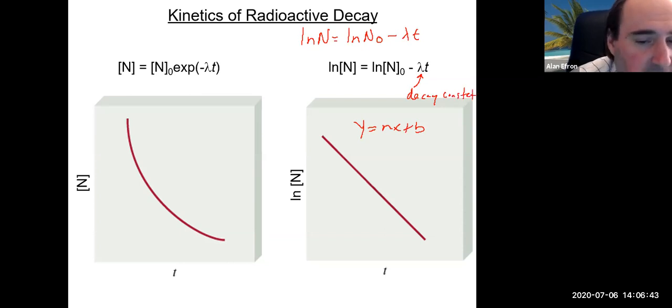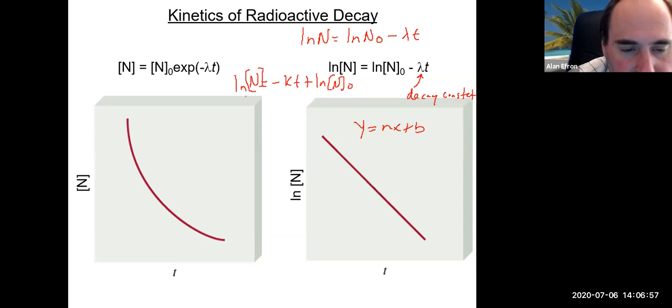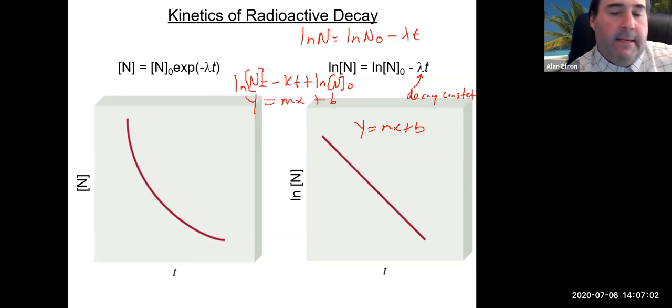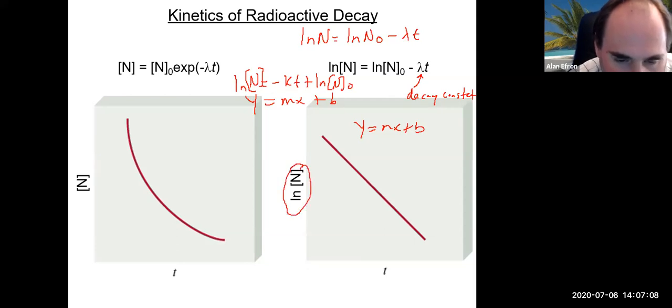Sometimes nuclear chemists like to use their own symbols, makes them feel good, I suppose. But I'll use K: natural log of N equals minus Kt plus the natural log of N naught. And this is y equals mx plus b, basically, and that gives us our straight line. You can see on the y, we have our natural log of N, or A if you like to use A, and on the x, we have time. And again, our slope equals minus K.